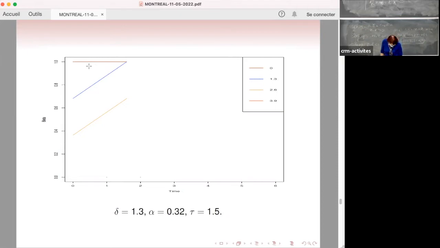So what is beta 0 of S? What is this time S1? This time S1 is the case where beta 1 of S1, equal 1 minus alpha plus tau minus delta S1, is equal to 1. That means that S1 equals alpha over tau minus delta.